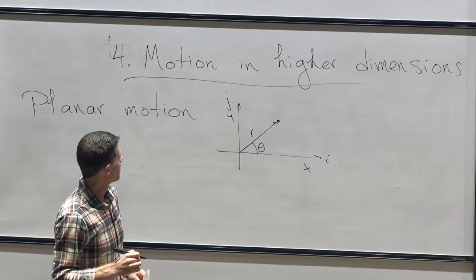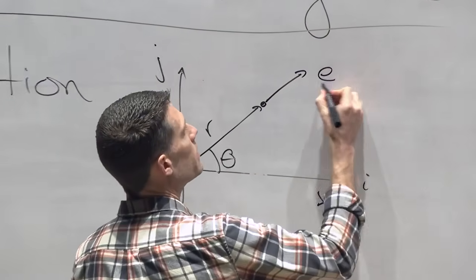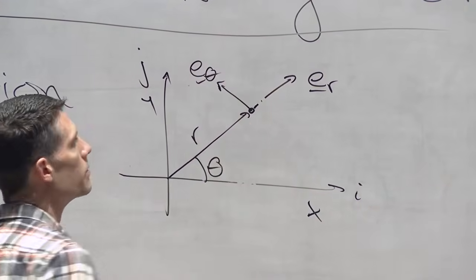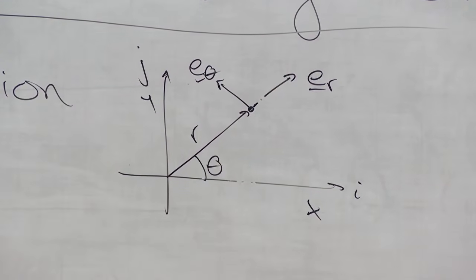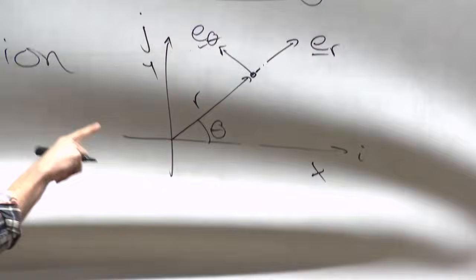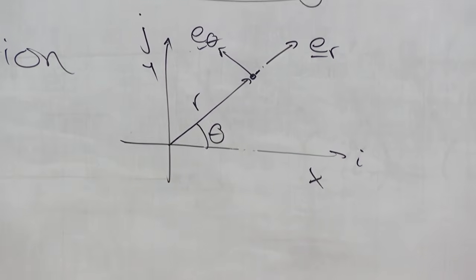Then to describe the motion in polar coordinates, what I need is a basis vector in a radial direction and a basis vector pointing in the increasing angle direction, e_r and e_theta. I think you do this in the geometry course, but let's repeat it here.